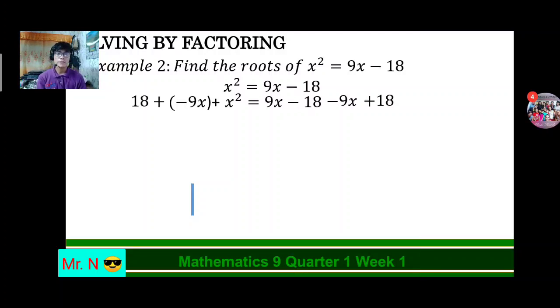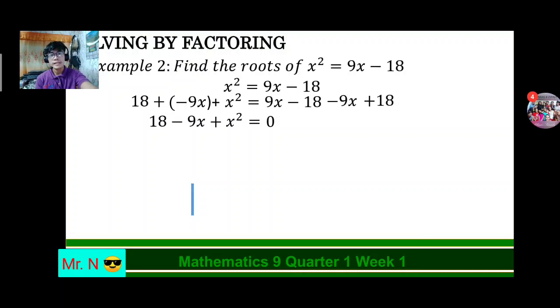And now, simplify nyo na. Combining like terms, as you can see, we don't have like terms on the left side. So, dahil dyan, we're just going to arrange from highest to lowest based on their exponents or by quadratic term. So, as you can see, right side will become 0 na.